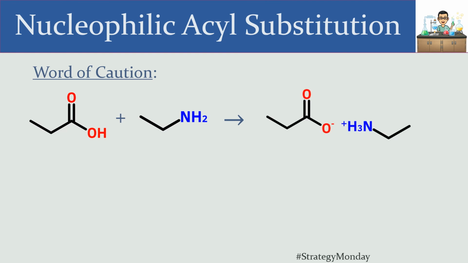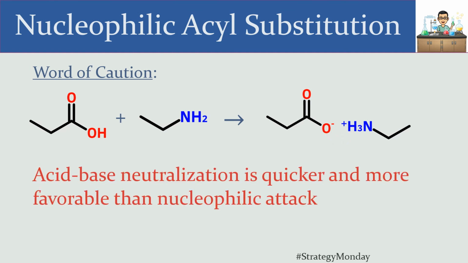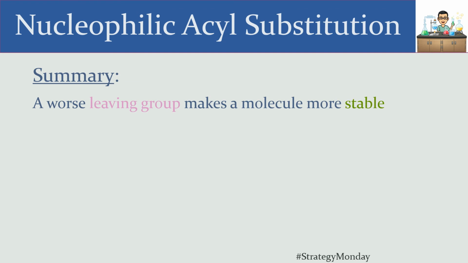What's going to happen preferentially is this nitrogen is simply going to take away a proton from this acidic carboxylic acid, and we will form this salt over here. That's the more likely reaction to happen. So always watch out for acid-base neutralization. Whenever you have a carboxylic acid and an amine, the neutralization of the proton is much quicker and more favorable than nucleophilic attack.